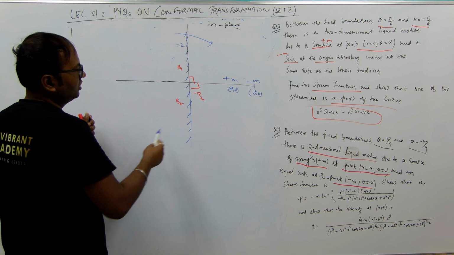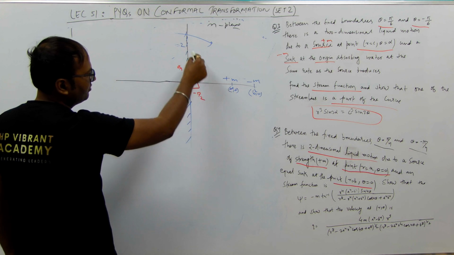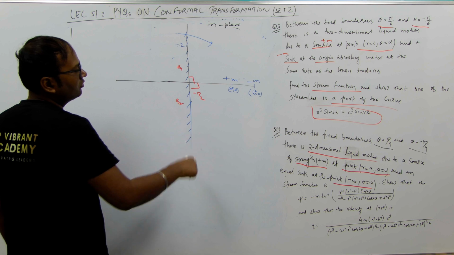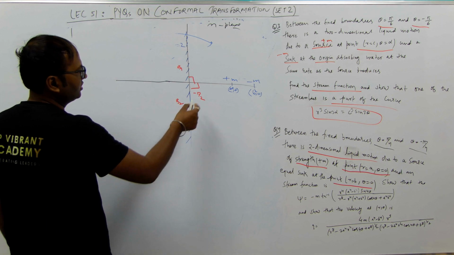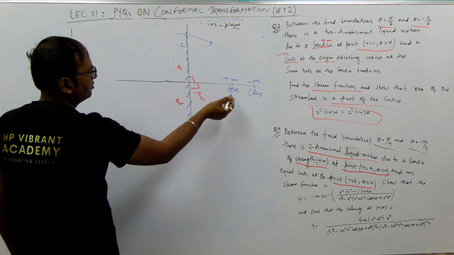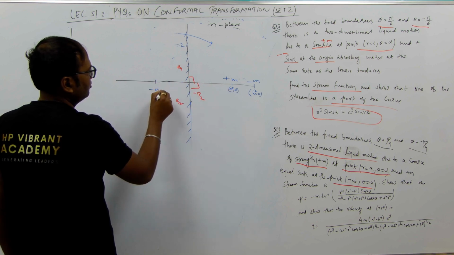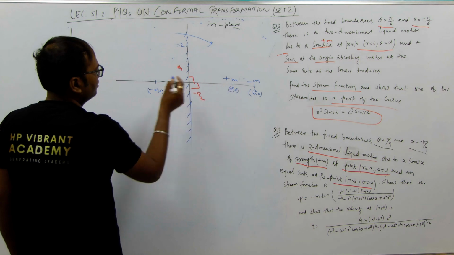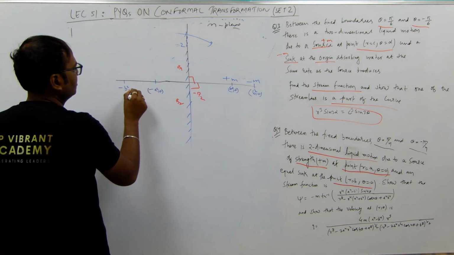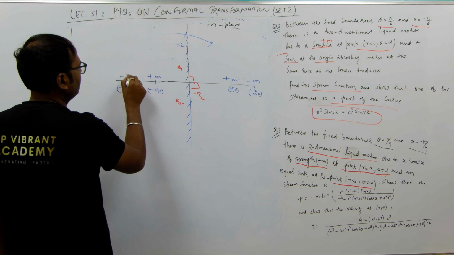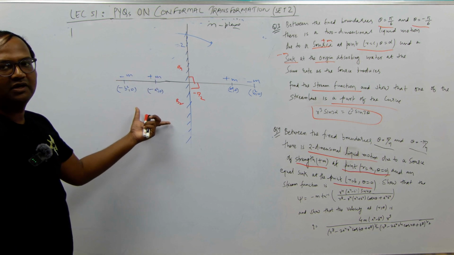By the method of images, if we want to remove this boundary, we have to put an equal source and an equal sink at an equal distance from this boundary on the opposite side. So this is a squared comma 0, this is minus a squared comma 0, this is b squared comma 0, and this is minus b squared comma 0. So this is plus m and this is minus m. This is the equivalent image system.